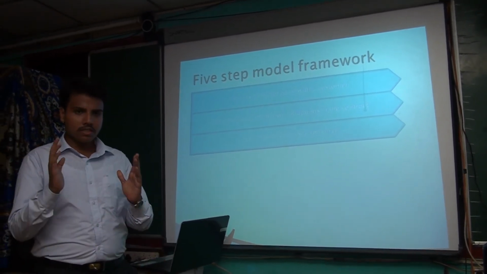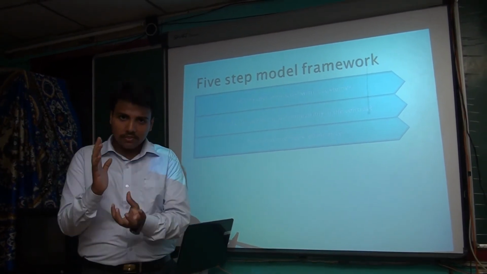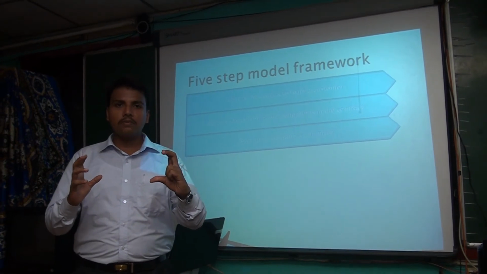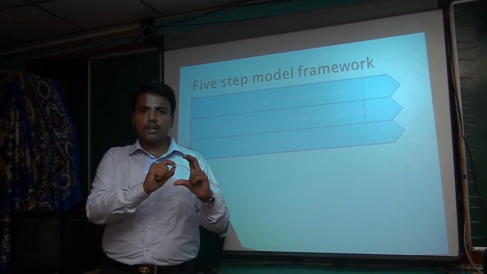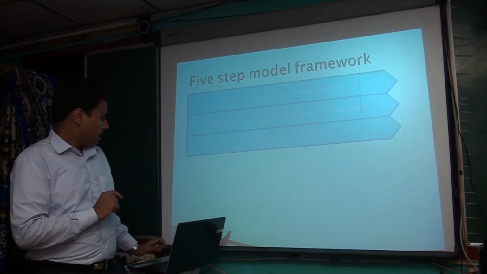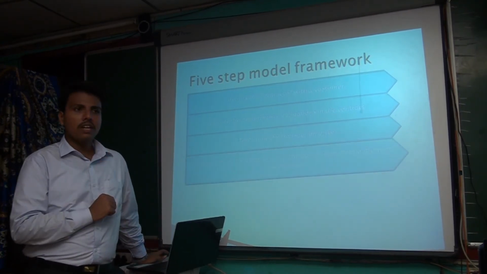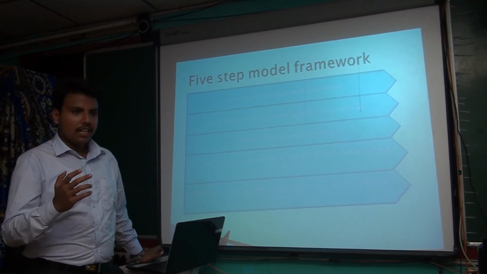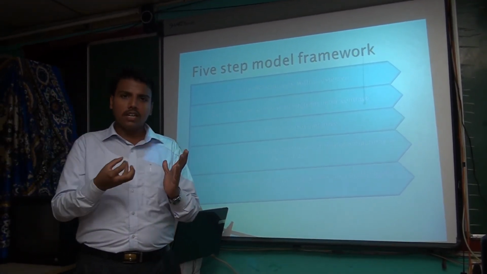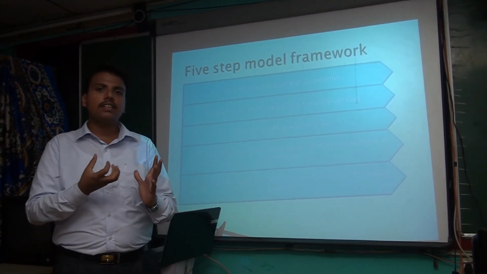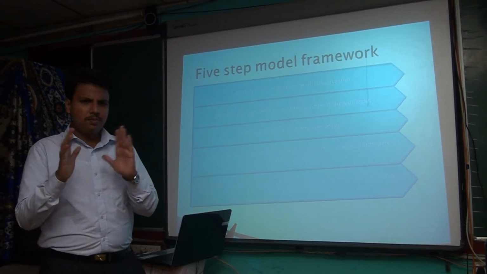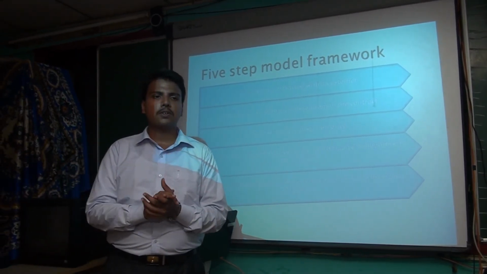Now, we know the contract, we know what obligations we have in the contract, and we know the transaction price. Now, our job is to allocate this transaction price to each of the performance obligations. Then, once we have allocated, as the entity keeps on satisfying each performance obligation, it keeps on earning or recognizing components of the transaction price as revenue. This is briefly what IFRS 15 speaks about.